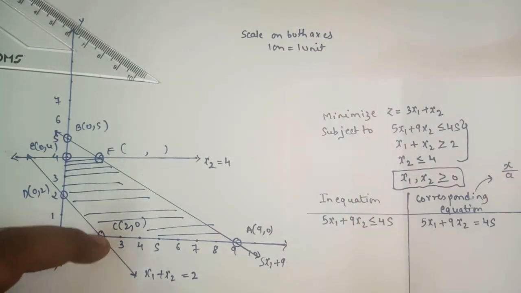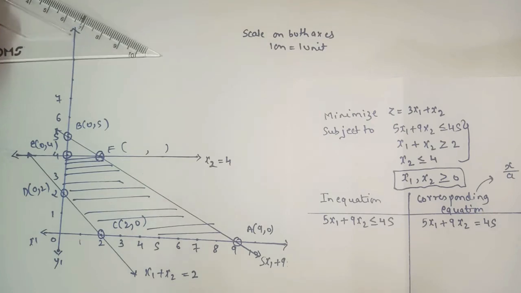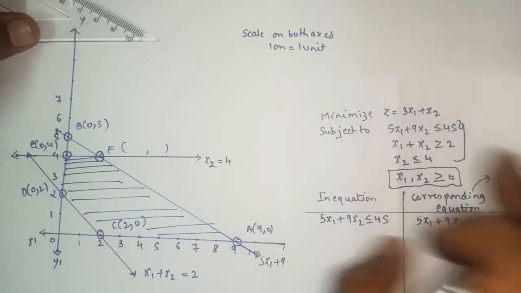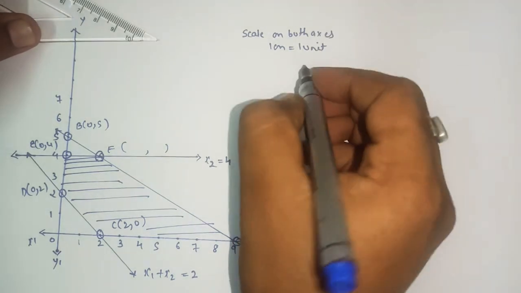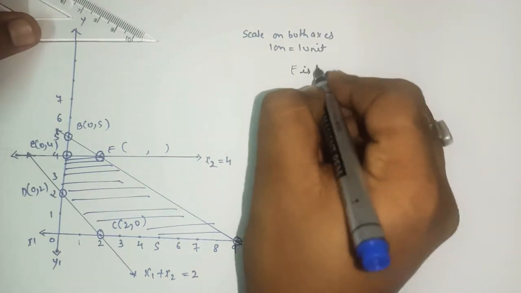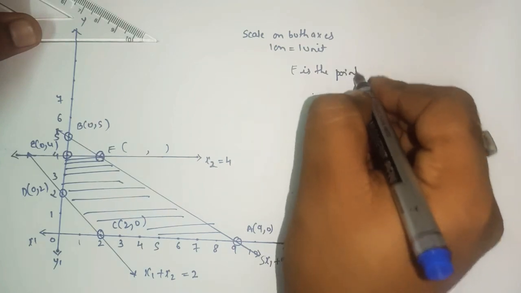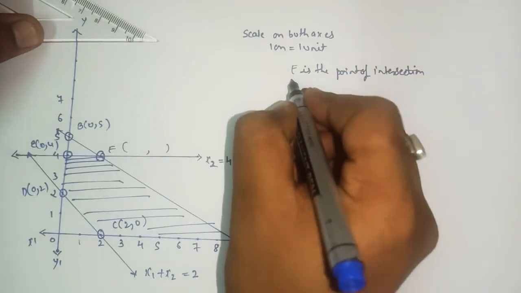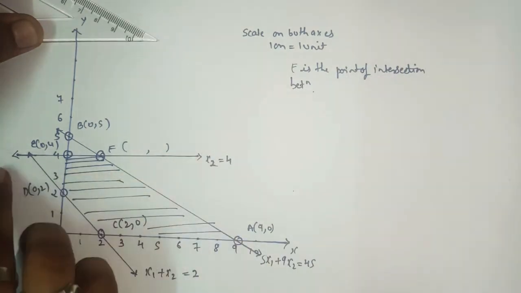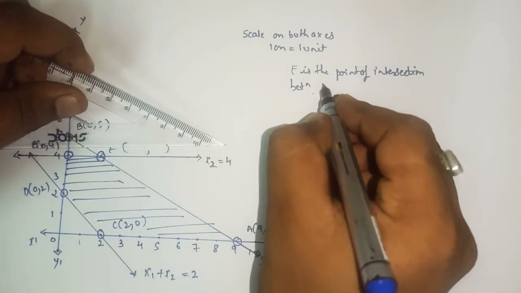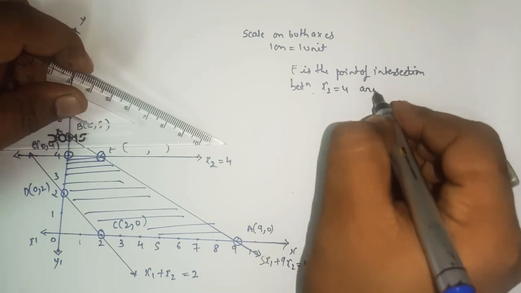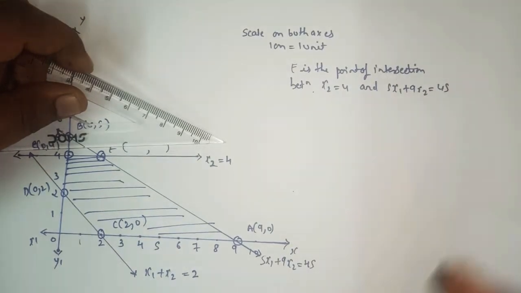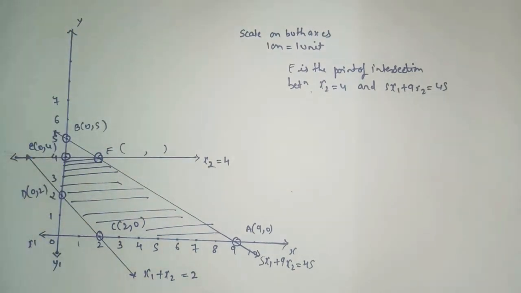So now that is the final step, that actually we have to find where the value of z is minimized. So now we'll write here, F is what? F is the point of intersection between these two lines. Which ones? X2 equal to 4 and 5x1 plus 9x2 equal to 45. Yes or no?